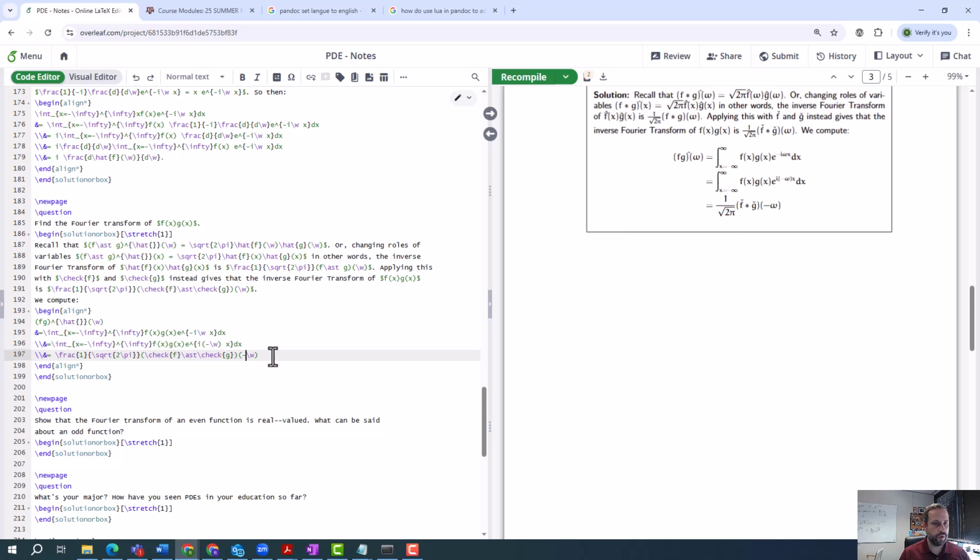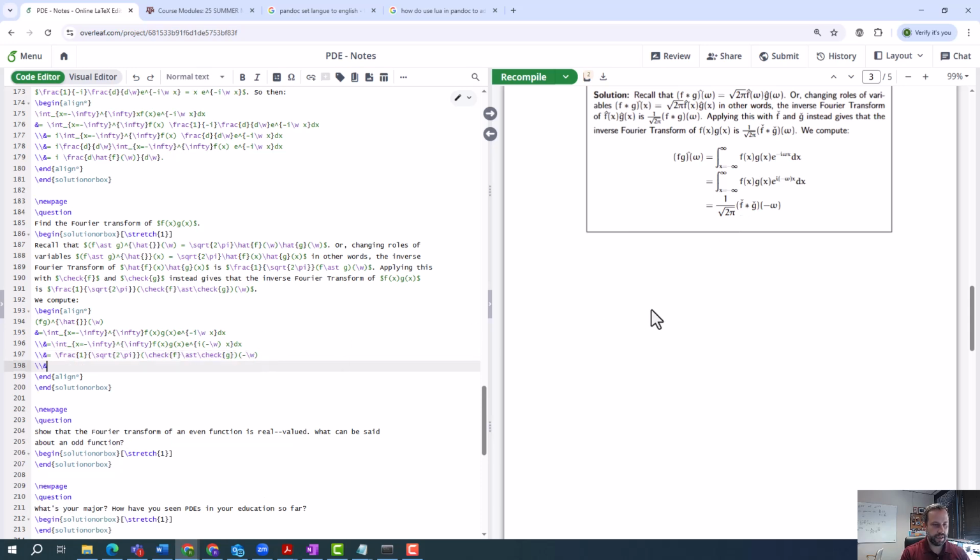Okay, so let's just compute what that convolution is. By definition, this is 1 over the square root of 2 pi, and then we're going to have the integral. I'm going to use the variable y to stick with how we normally do things, from minus infinity to positive infinity, check f of, okay, so wherever we see the argument, we're going to put minus the argument.